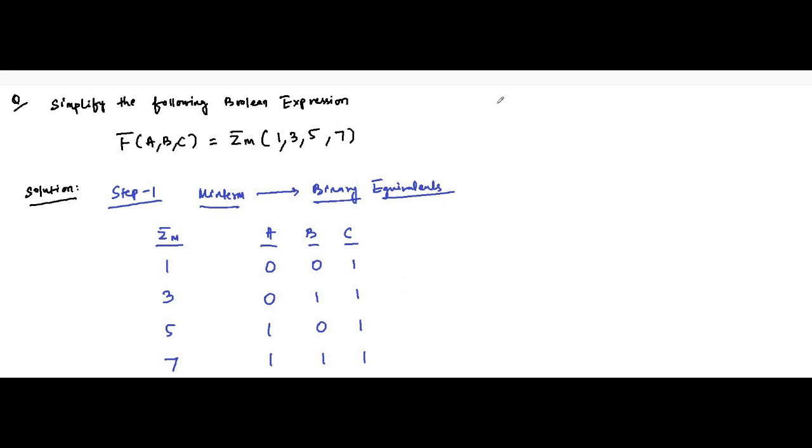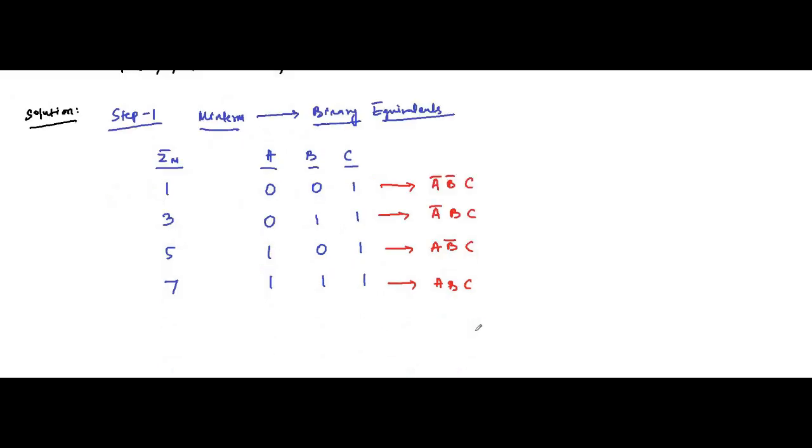So this is basically A bar, B bar, C. This is A bar, B, C. This is A, B bar, C, and this is A, B, C. Just for the sake of clarity, I have highlighted it so that there is no confusion. We have represented it in terms of their binary equivalents.